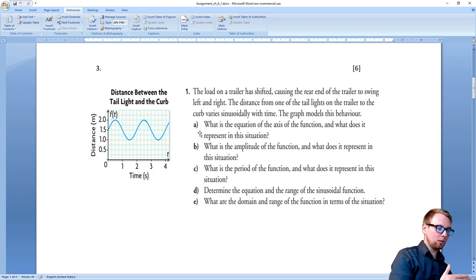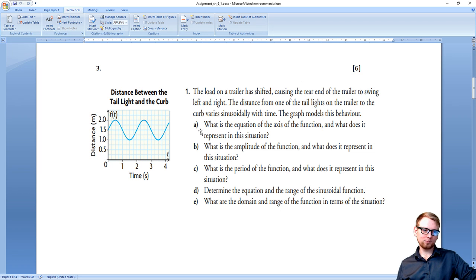What is the domain of this function, this graph? Do you remember what domain is? That's a better question.